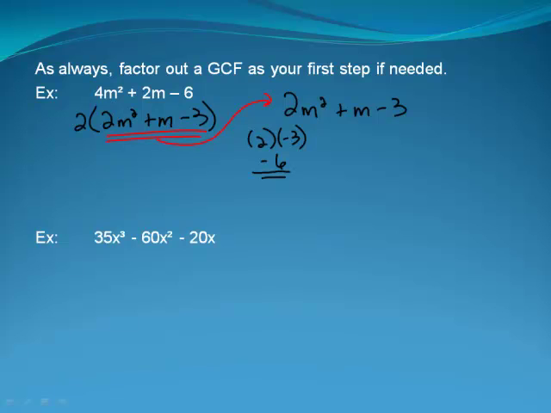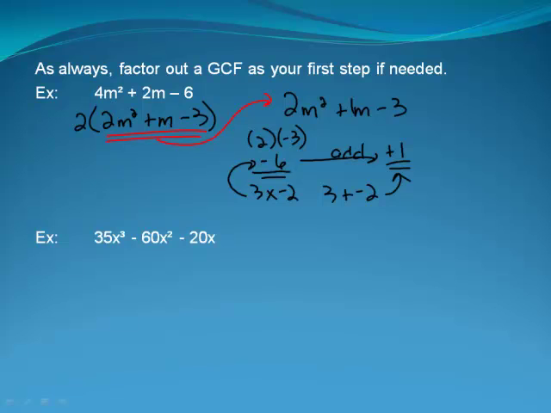I'm interested in factorizations that when I add give me an understood positive 1. There's an understood positive 1 in front of that m. So with negative 6, there's various possibilities. One of the possibilities would be 3 times negative 2. 3 times negative 2 is negative 6, but 3 plus negative 2 is a positive 1.